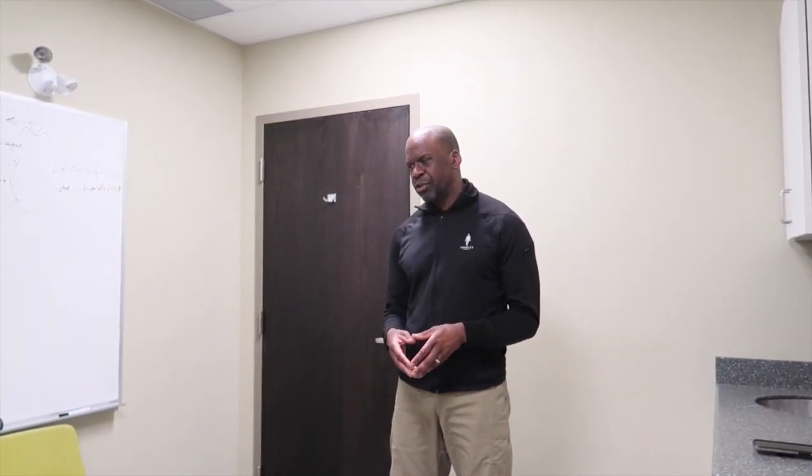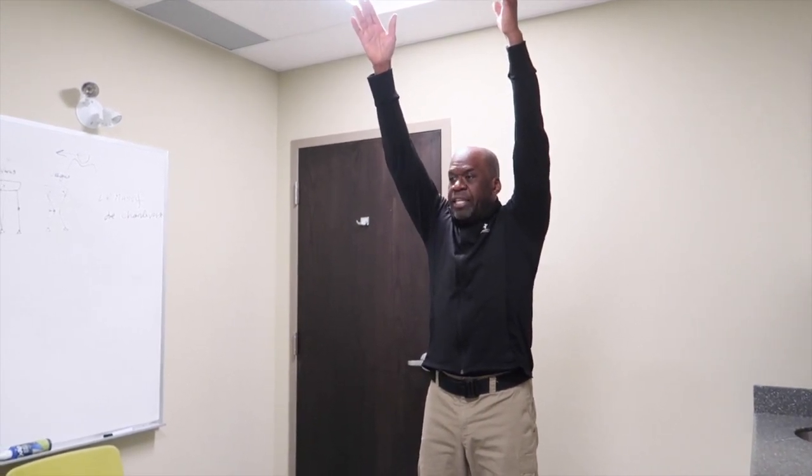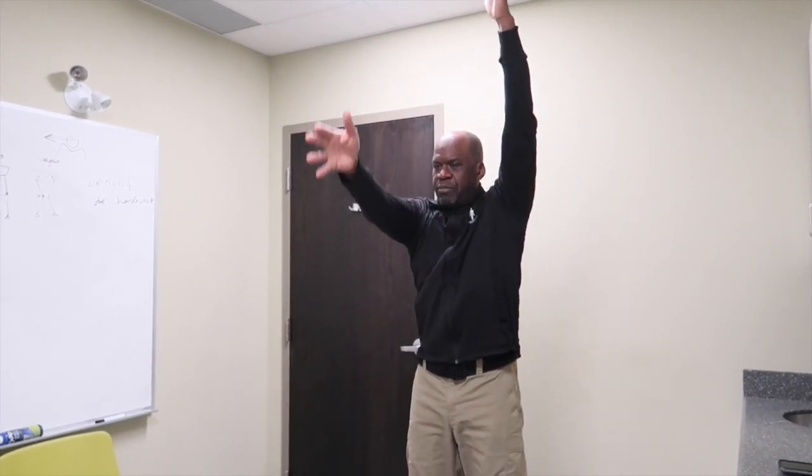So the next exercise that we're going to do is the alternating shoulder circles, and this is a great exercise for shoulder mobility, and this will also help you to get your brain thinking and firing. With this one, you're going to start with the hands together in the front, and then we're going to go different directions with each arm.